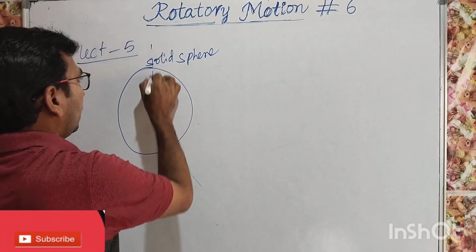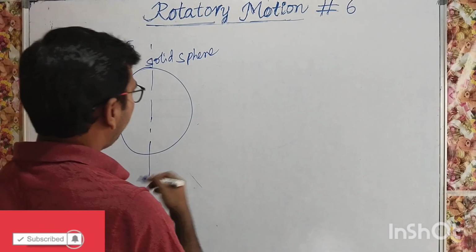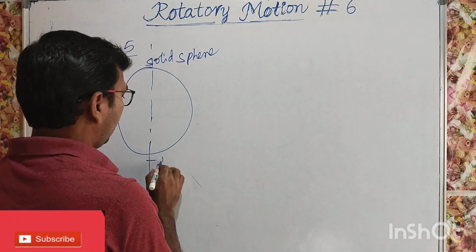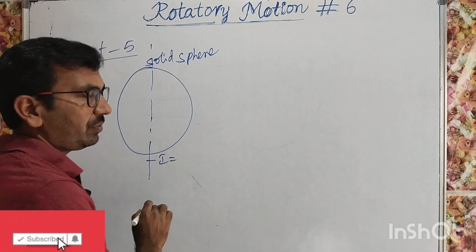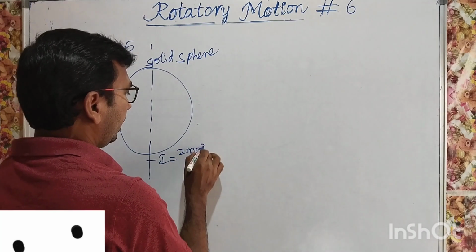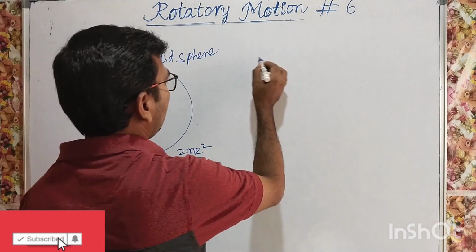The axis passes through any COM, or any diameter, or any center. So what is the moment of inertia? I is equal to 2mr square by 5. As well as we discussed the hollow sphere.